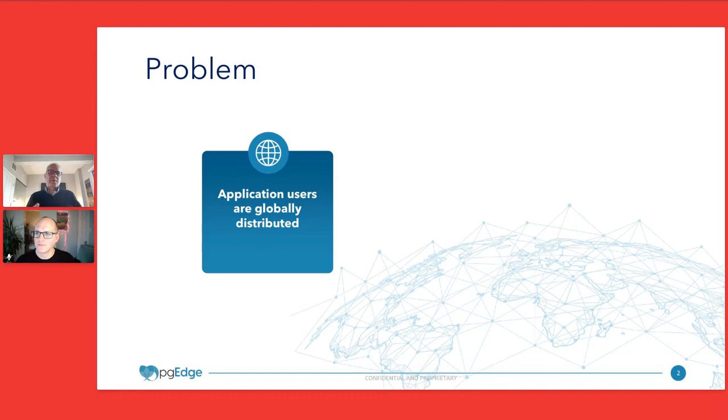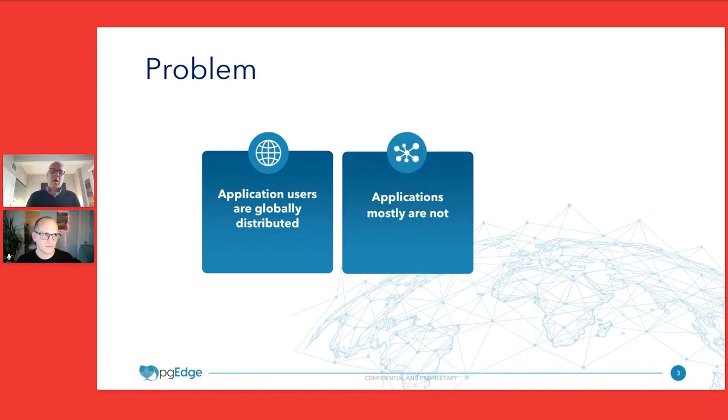Your users are far away from the data center or the cloud region where your application stack and your database are located. It takes time, because of the speed of light, to actually get responses back. The database is the slowest part of that chain, and so this is a real problem for a lot of applications.